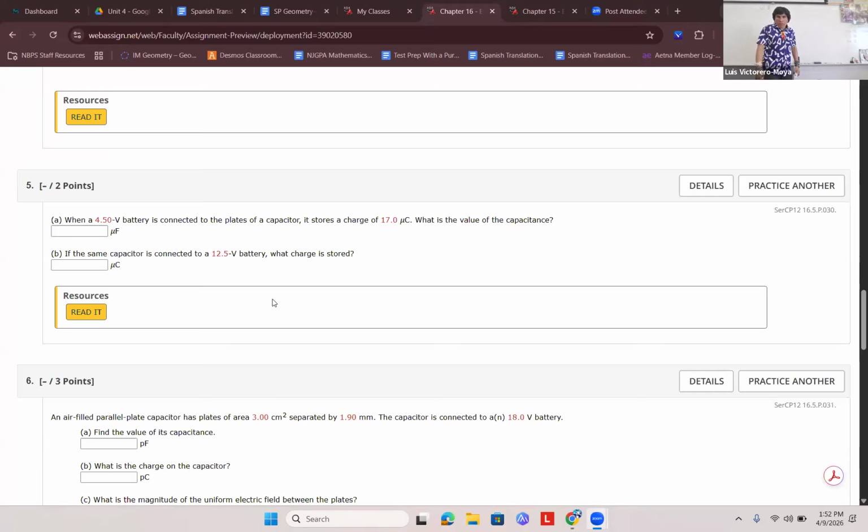When a 4.50 volt battery is connected to a parallel plate capacitor, the charge is 17 microcoulombs. What's the value of the capacitance? Okay. So capacitance is equal to charge over potential difference, over voltage.